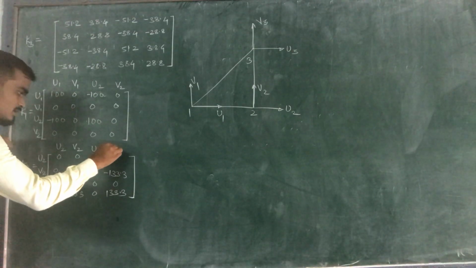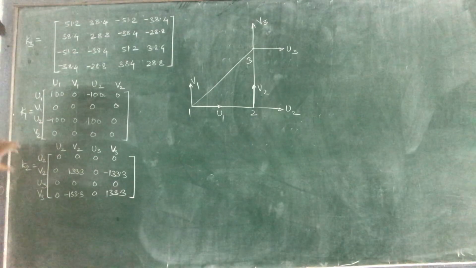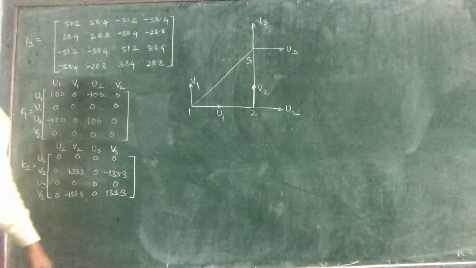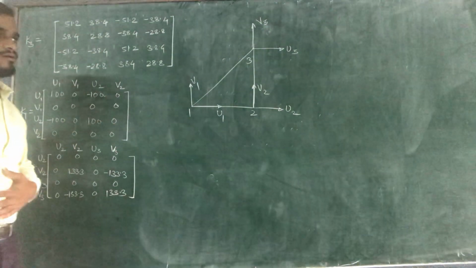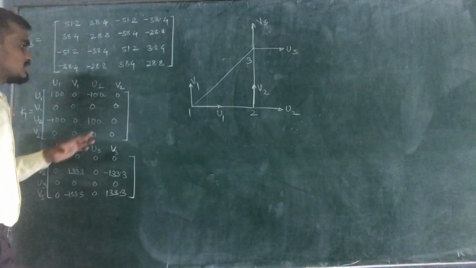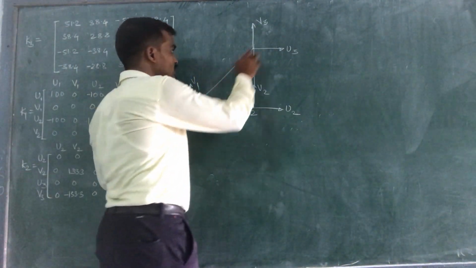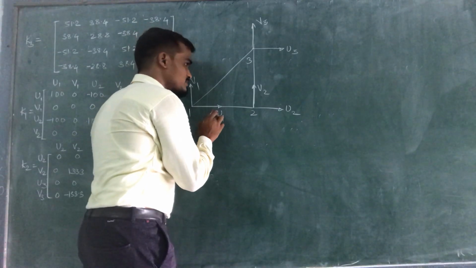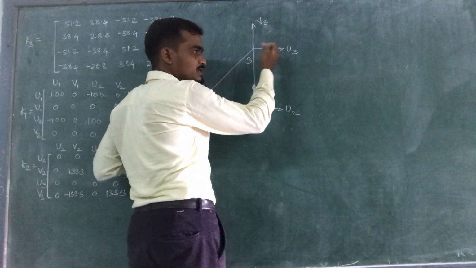Because during our construction of the global stiffness matrix, we need to know the connectivity of the elemental stiffness matrices. Similarly, the third element connectivity is in between node 1 and node 3, means between displacements U1, V1 and U3, V3, between these rows and columns.